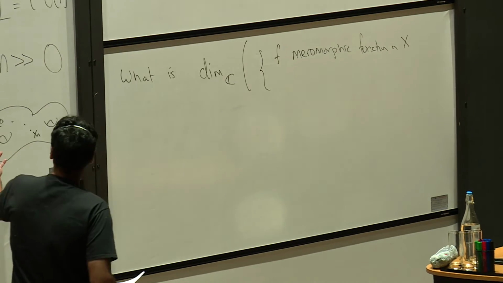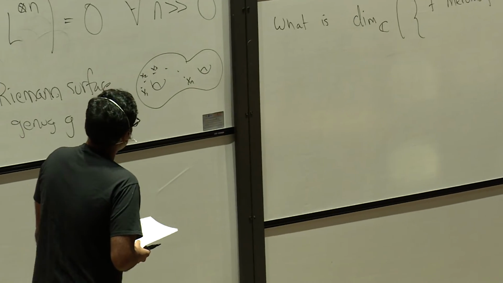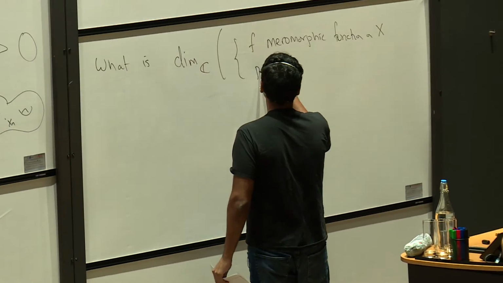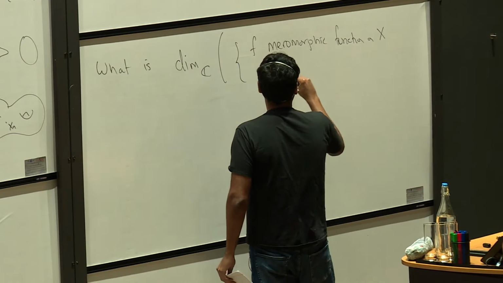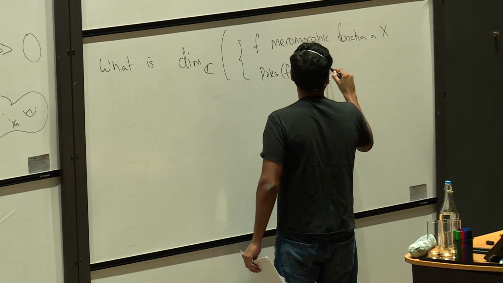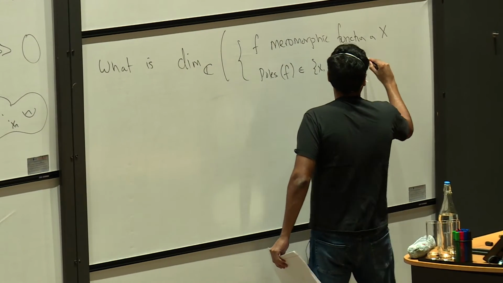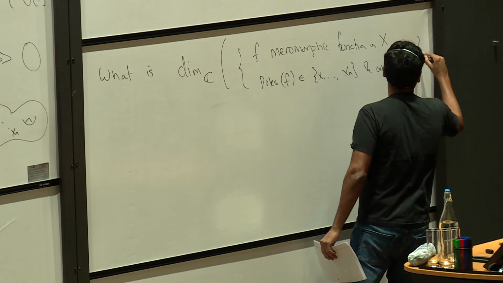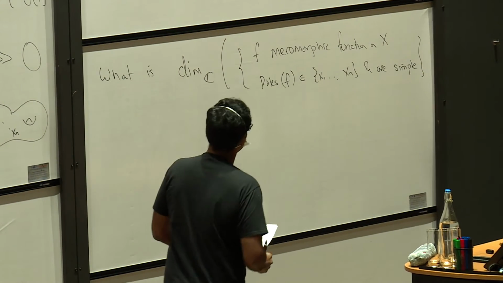And I'm going to declare that the poles are at the xi's, and they're at most simple poles. So poles of f belong to the set of x1 through xn and are simple, meaning at most simple. Could be no poles.